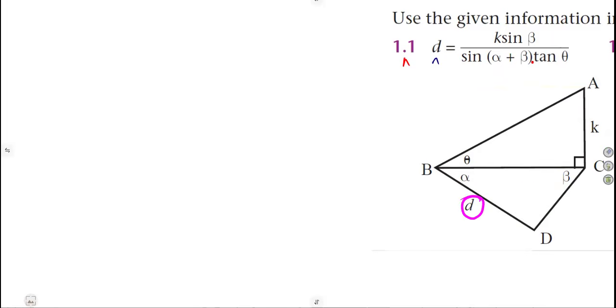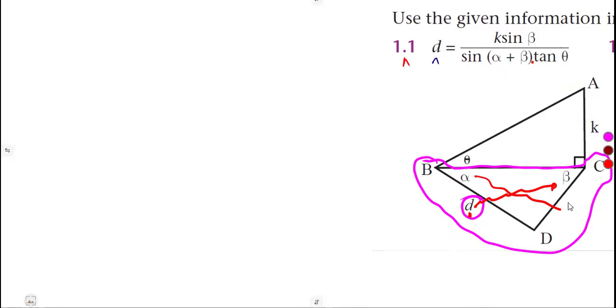Okay, let's consider what we have. In this triangle BCD, it is limited. We have the side D that we are supposed to find here with a corresponding angle. There is this angle, which is alpha here, that does not have a corresponding side.